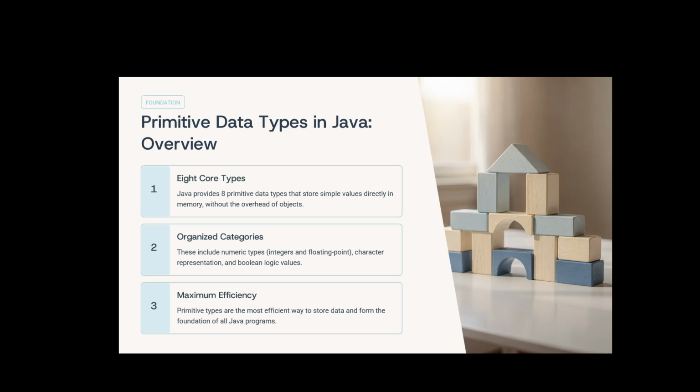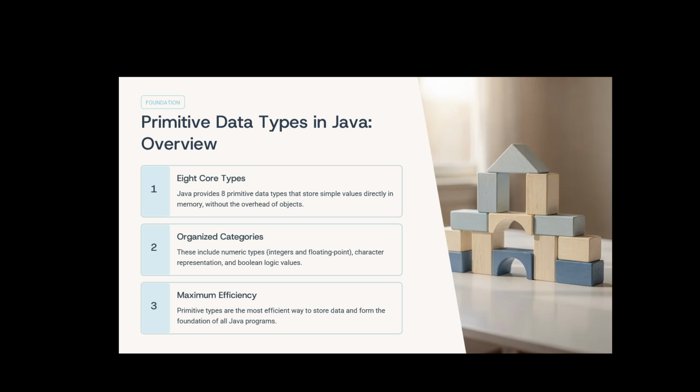Well, now if we talk about primitive data types in Java, just an overview of it. We have 8 core types, 8 primitive data types that store simple values directly in memory without the overhead of objects. And these include numeric types like integers and floating point.